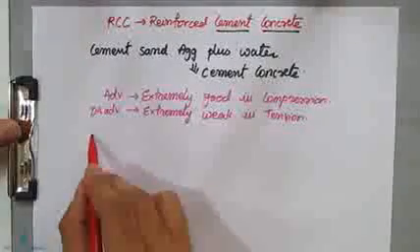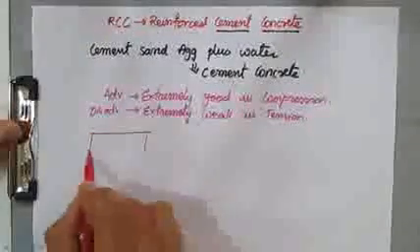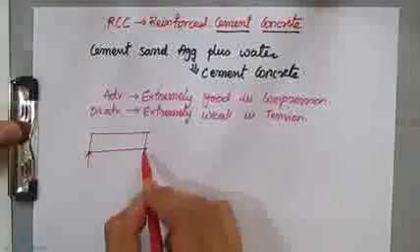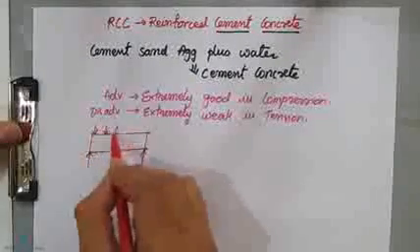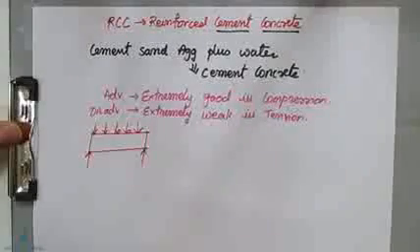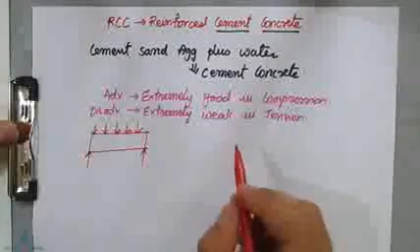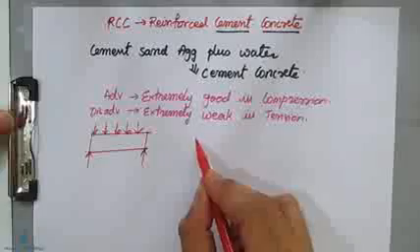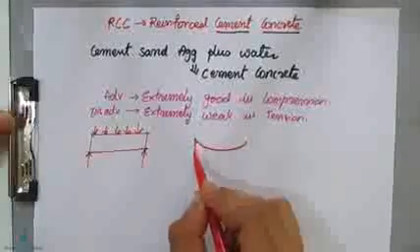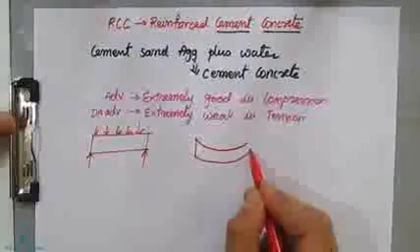Suppose this is your simply supported beam, right? It is undergoing some loads like this. Next, it will have a bending pattern like this. It will bend like this, right?